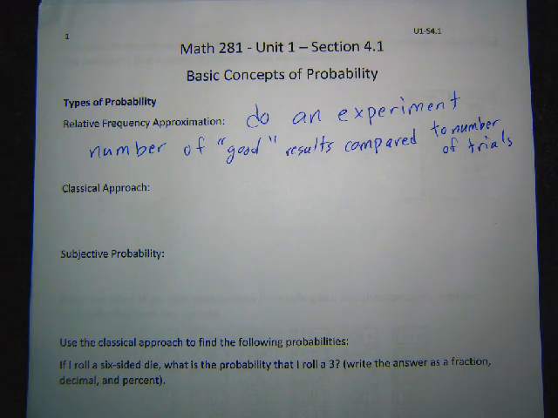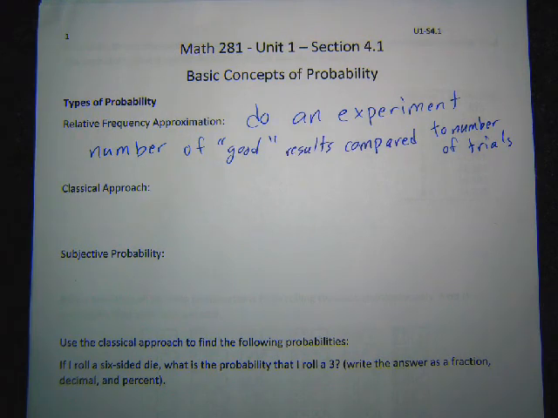This is actually something we deal with a lot in statistics, because a lot of times in statistics, the best we can do is take samples and look at the results from the samples, and that's kind of running an experiment. We're actually sitting there and doing a survey or whatever to collect data from a group, from a larger group, and then taking that to figure out what the probability is of certain people being in a certain group.